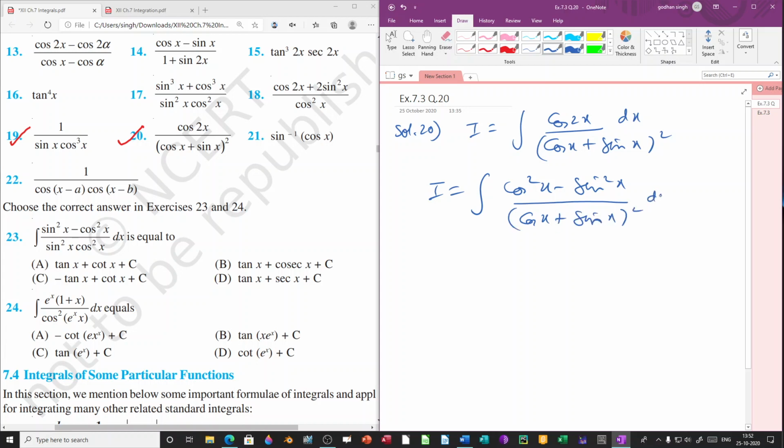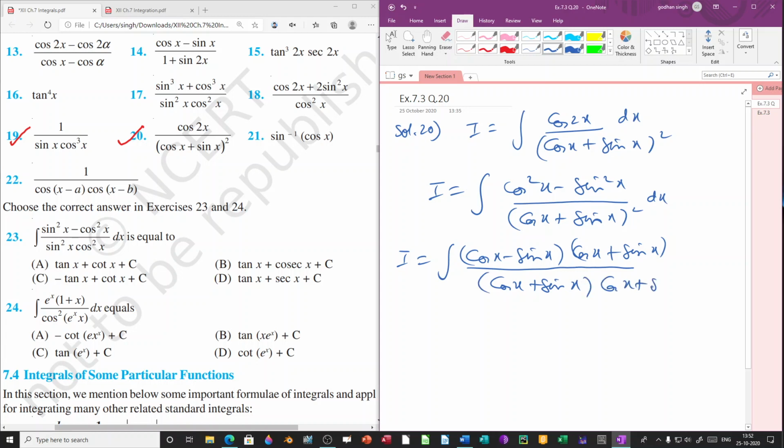whole square dx. In the numerator, applying the formula of a square minus b square, that is a minus b into a plus b, we will have I equal to integration of cos x minus sin x into cos x plus sin x, whole divided by cos x plus sin x, because square is there, you can write it as cos x plus sin x into cos x plus sin x, and here we will write dx.